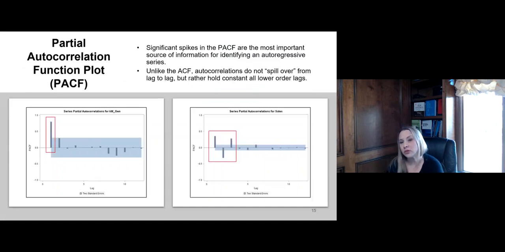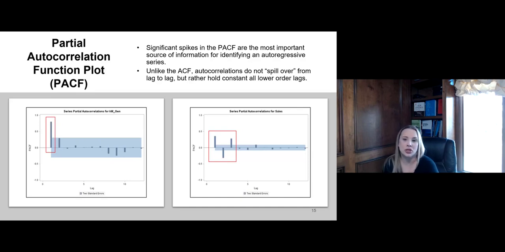So let's look at the visual here. If we see significant spikes in the PACF, those spikes are going to be the most important source of information for identifying an autoregressive series. So the biggest spikes are the most important ones for us to evaluate.